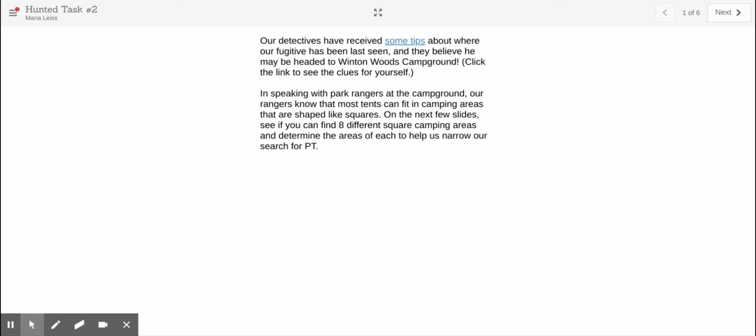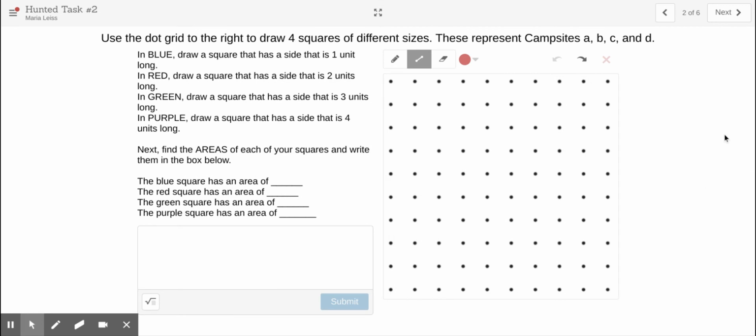Most of the campground sites have areas where people put up tents or campers, and those areas are in the shapes of squares. Your job today is to find 8 different square camping areas within the campground. Here's how you're going to do that. Slide number 2 of today's activity is going to ask you to do a few things, so make sure you read these directions very carefully.